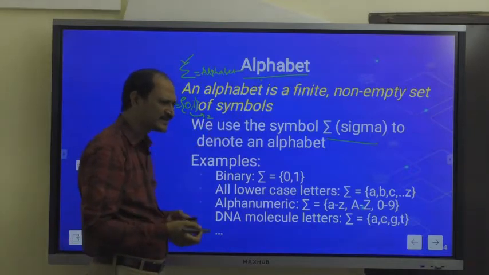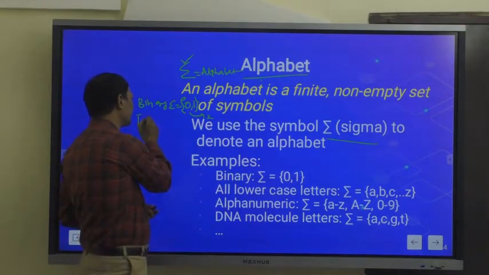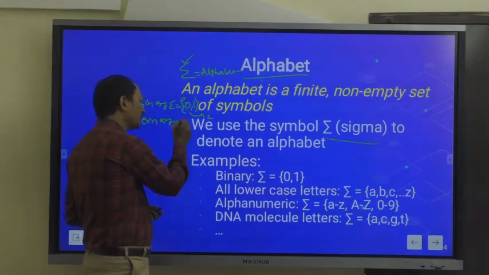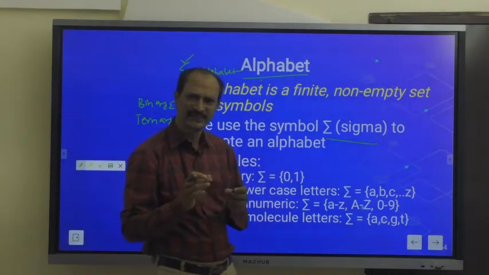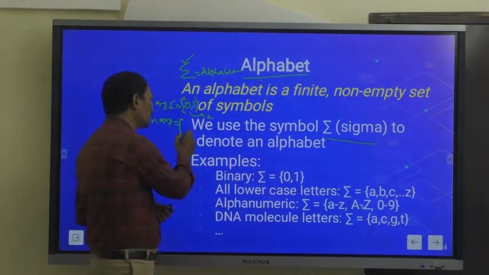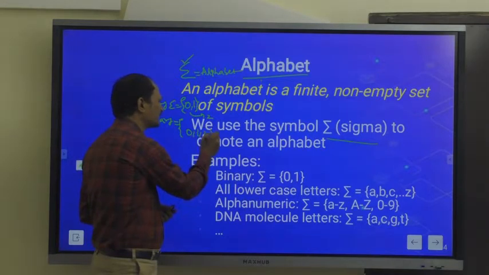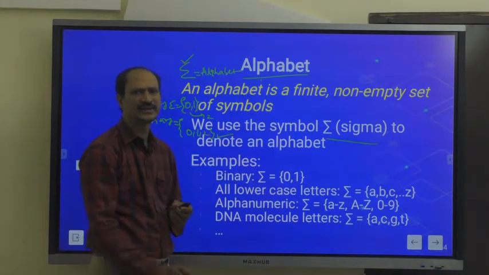Similarly, I can give the example of a ternary alphabet. In the ternary alphabet, as the name indicates, ternary means 3, we are going to have 3 symbols. One is 0, second one is 1, third one is 2. This is what is called a ternary alphabet.